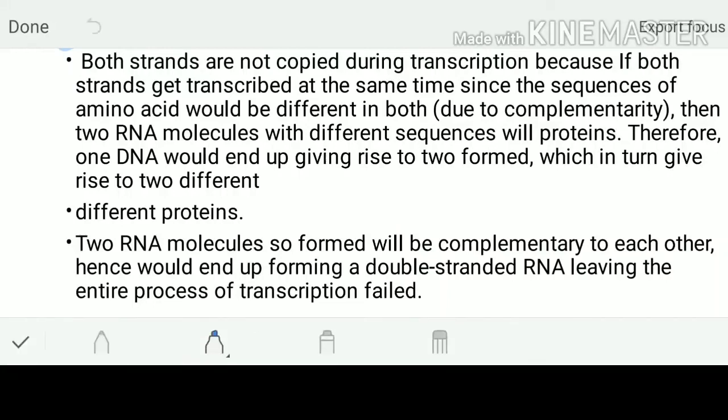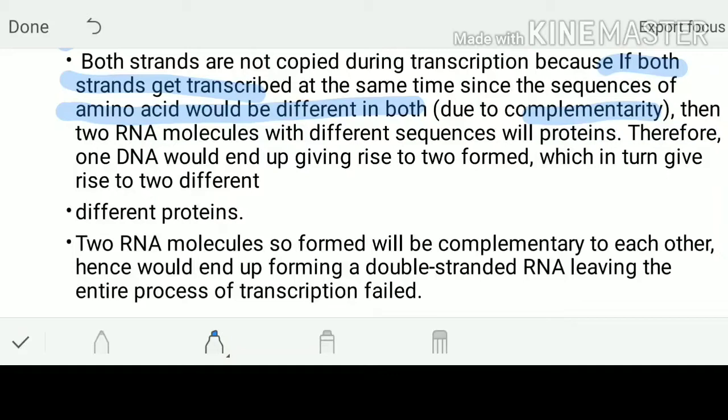Now the question arises, why? Because if both the strands get transcribed at the same time, the sequence of the amino acids will be different in both. Simple, if the genetic codes are different, the different amino acids will be there because they are complementary to each other.